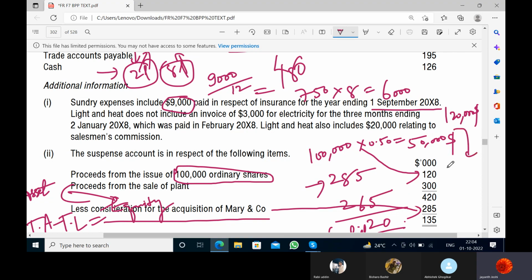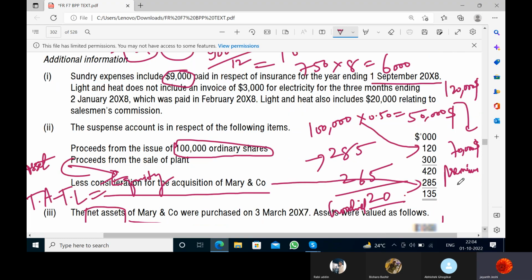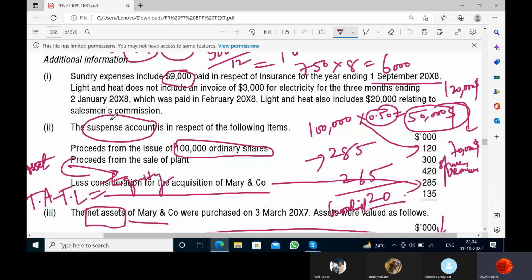The difference, I'll write it here. That difference, what you got extra, is nothing but premium. That's called share premium. You should get $50,000 as per the face value, but you got $120,000. So you got an extra $70,000. This information was in the suspense account, which means we didn't know some details.